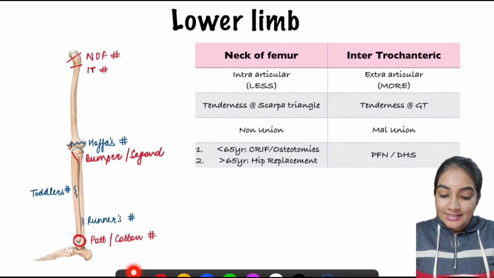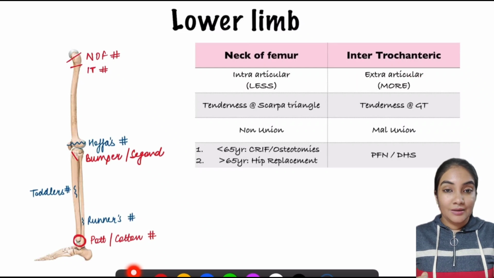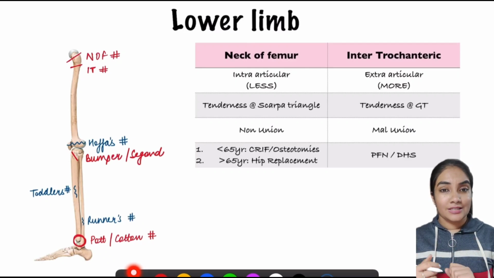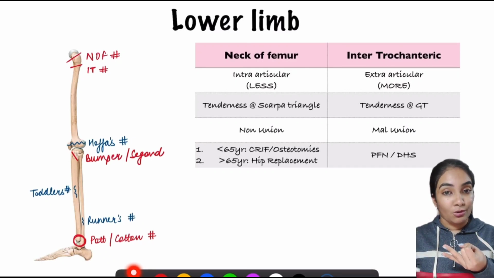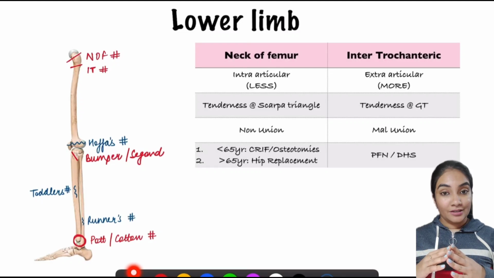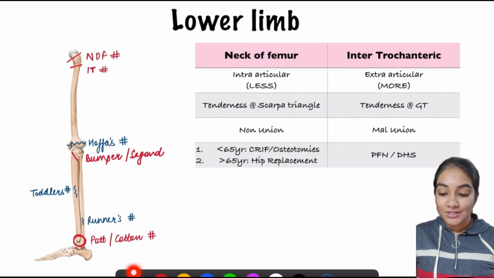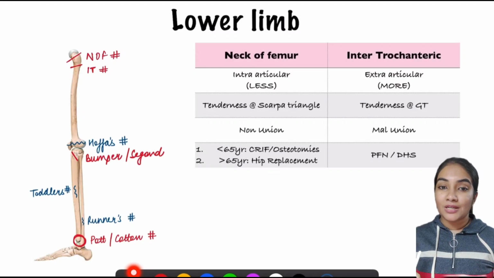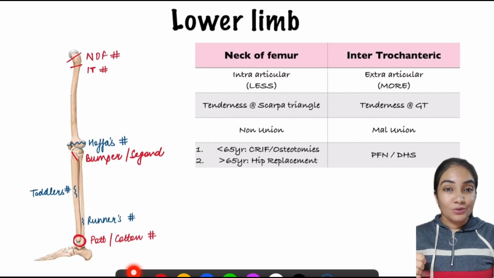Neck of femur is an intra-articular fracture, whereas intertrochanteric fracture is an extra-articular fracture.